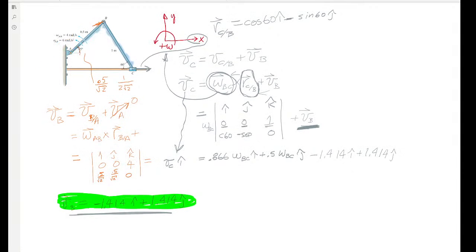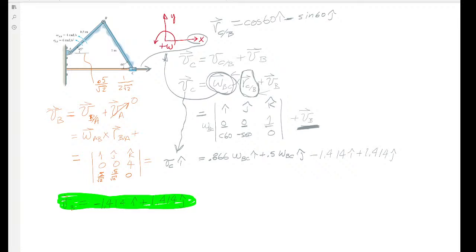If in fact this is your situation, the velocity should go this direction, which means it should have a component going in the minus x direction and the positive y direction. Since this is 45, this will be 45. They should end up being the same value, but at least visually I can check to make sure that that makes sense.